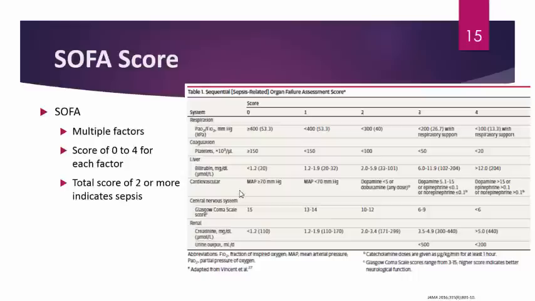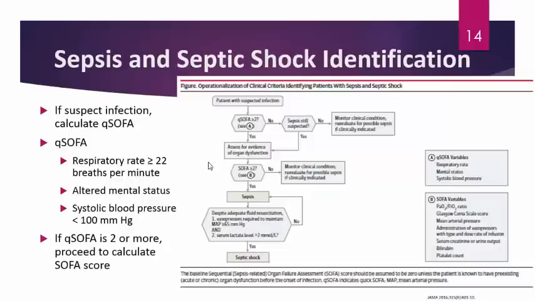Now, once you rank each of these, if you have a total score of at least 2 across all 5 of these, basically, say if you have a platelet count of less than 150 and a creatinine of 1.2 to 1.9, you automatically have a score of 2 total. And whenever you have that 2 total from this indication here, that indicates that you actually have sepsis at this point.